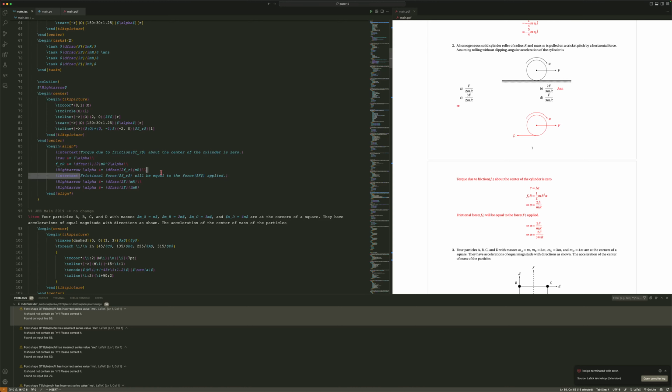So from here we can say the net force on the cylinder is F minus Fr, and here we can add this equation. It's like F minus Fr is equal to ma, and if it's a rolling motion, then we can add alpha.